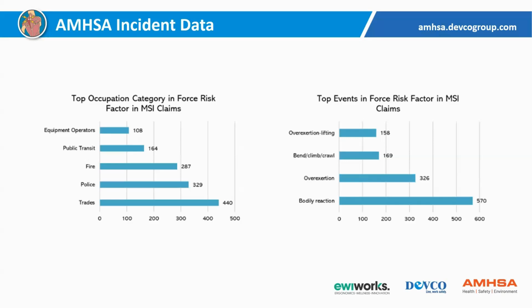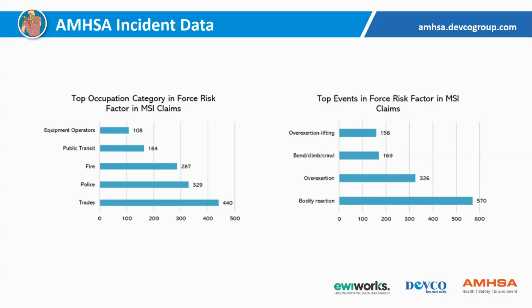So, top occupation category for force as a risk factor in MSI claims: here we're seeing trades at the top, followed by police, fire, public transit, and equipment operators. And then top events in force as a risk factor for MSI development, bodily reaction being number one.